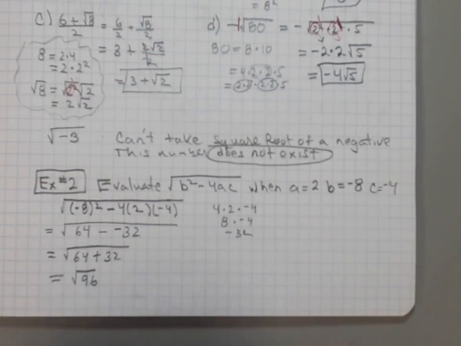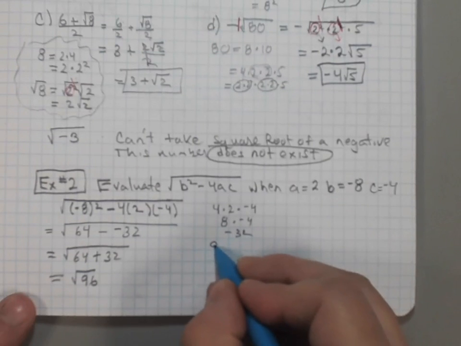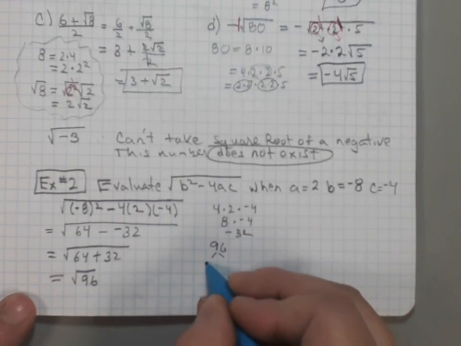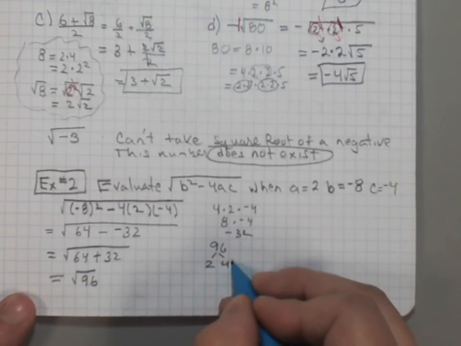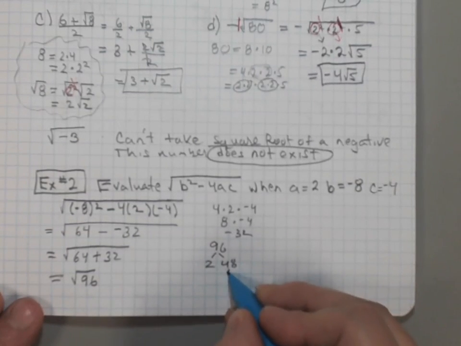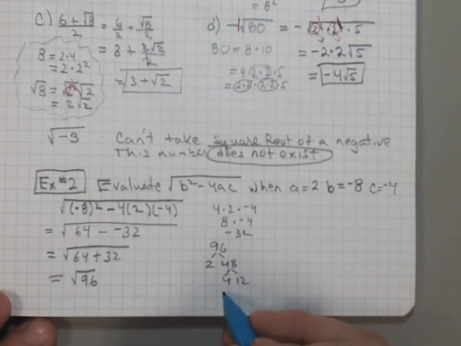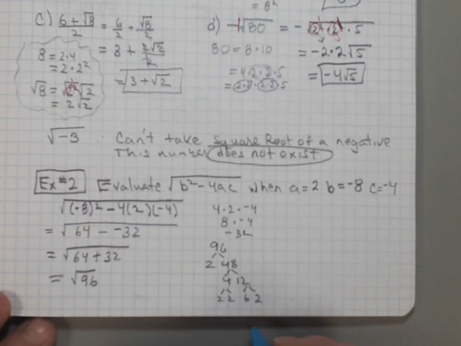Now, question is can I simplify that? So we need factors of 96. So 96, that's divisible by 2. 2 times 48. And 48 is 6 times 8, 4 times 12, lots of ways to do that one. Okay, 4 is 2 times 2, and 12 is 6 times 2, and 6 is 2 times 3.